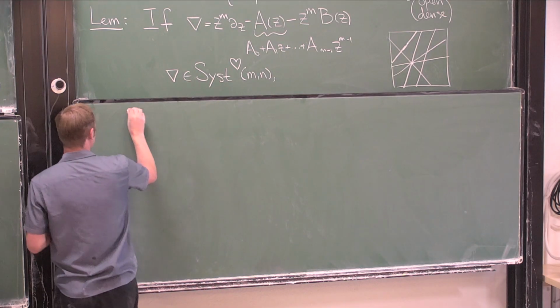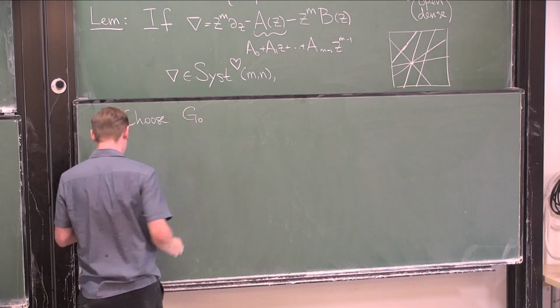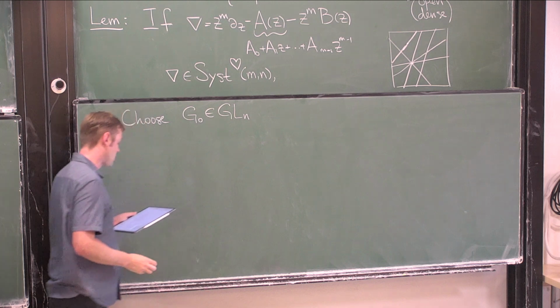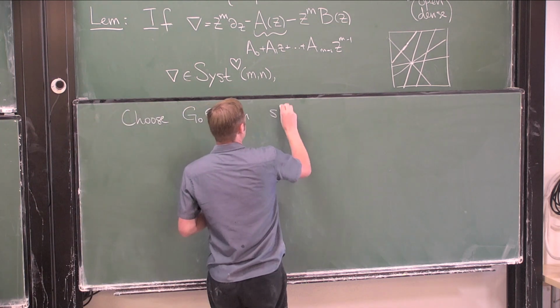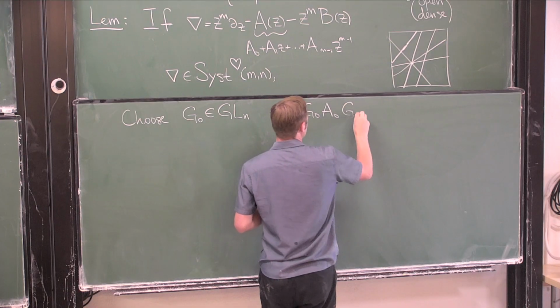First of all, we can always choose G0, just an ordinary invertible matrix, which diagonalizes the leading order part.